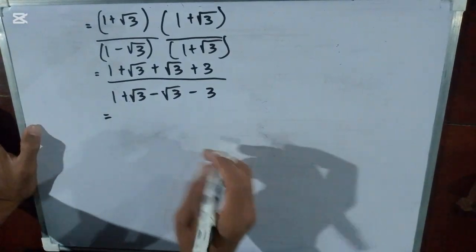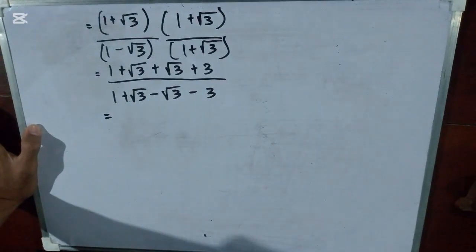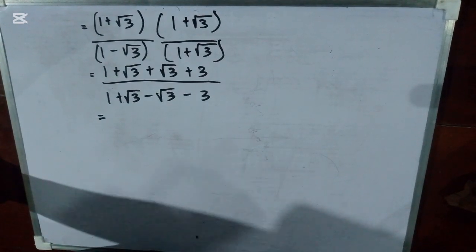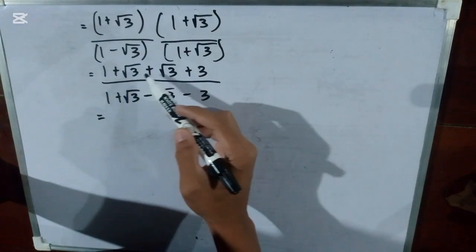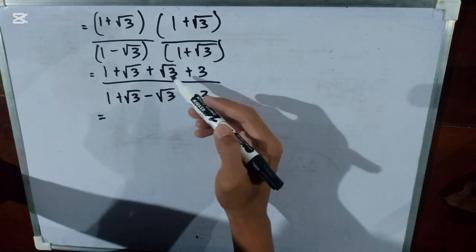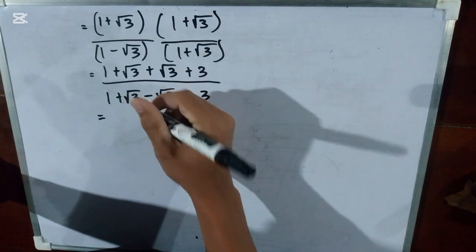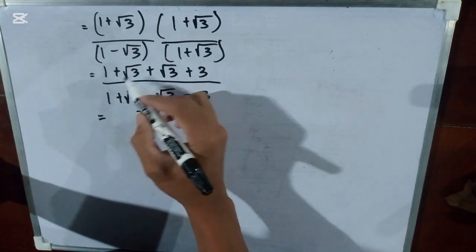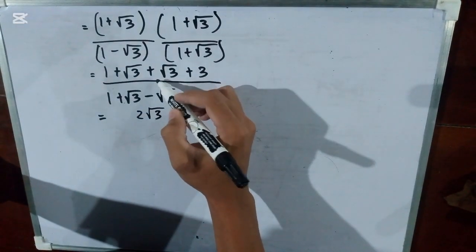And now let us proceed by adding the denominator. Root 3 plus root 3 will be 2 root 3, because there is an invisible 1 here.